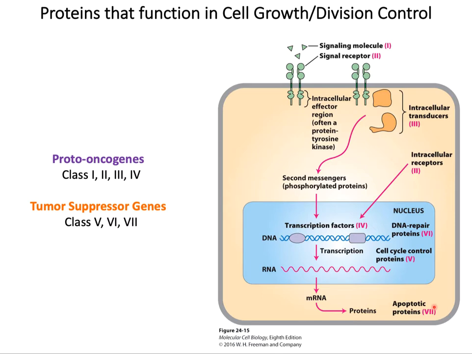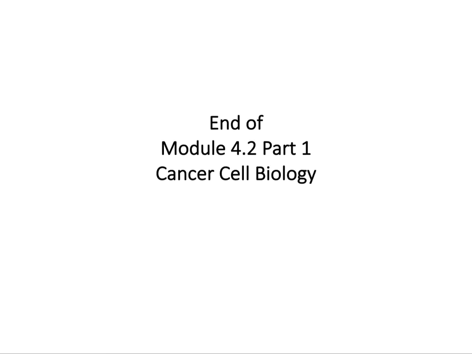So you can imagine if you lose their function, then you can have a cell that grows indefinitely. So that summarizes the types of genes involved in cancer, and we'll talk about them individually in the next 2 sections. So this ends part 1 of the cancer cell biology.